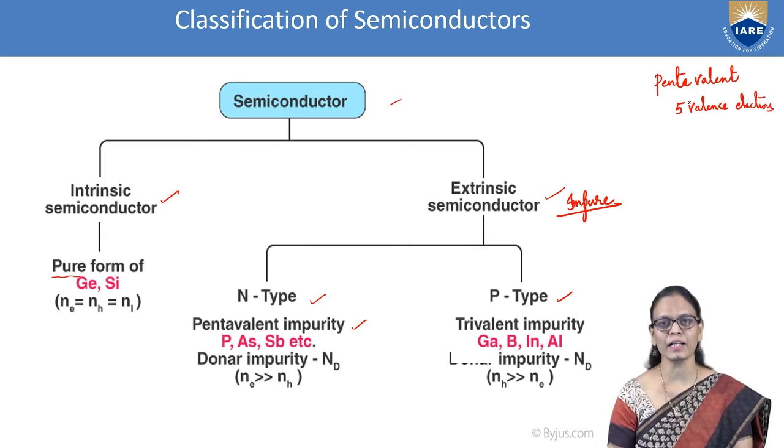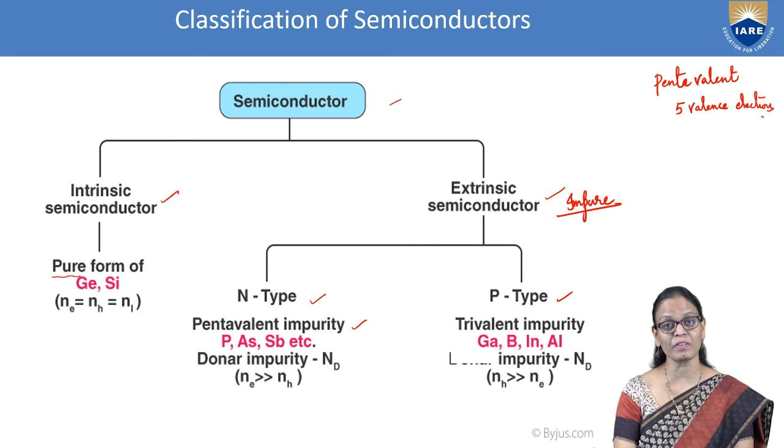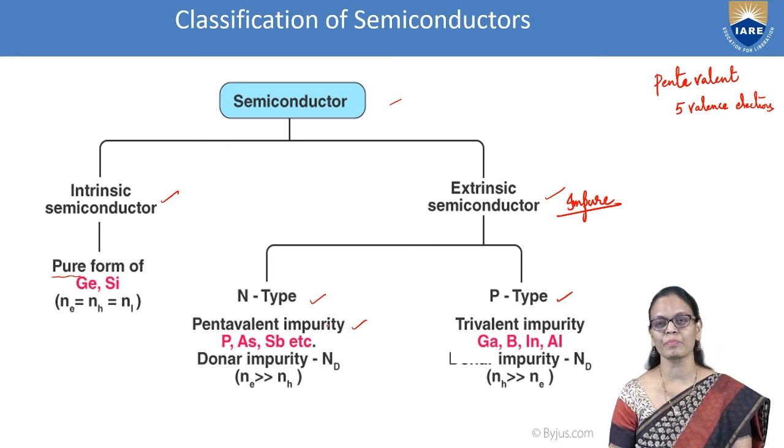Examples from the fifth group are phosphorus, arsenic, antimony, etc. And we call them donor impurities.